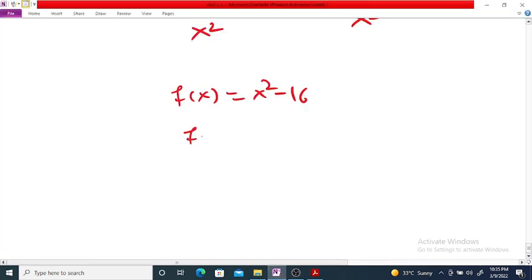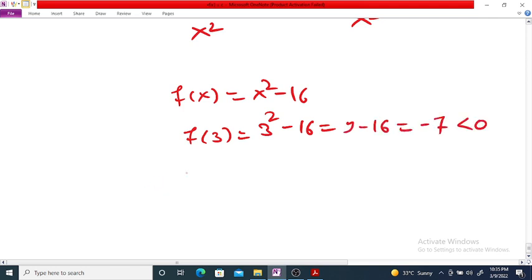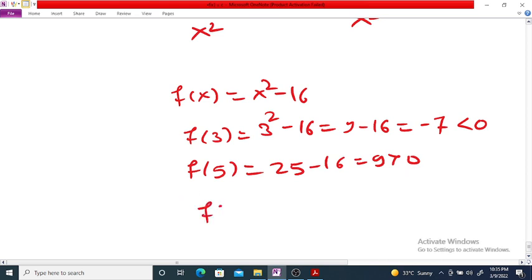F of 3 is equal to 3 square minus 16, that is 9 minus 16, which is equal to minus 7, which is less than 0. And f of 5 is equal to 25 minus 16, that is 9, which is greater than 0. And therefore f of 3 into f of 5 is less than 0, and therefore the correct answer is what?